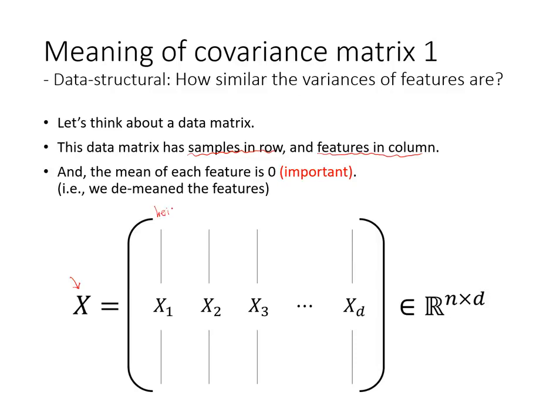Let's say you have the data of height, as in how tall you are, and English score, Spanish score, math score, science, something like that. And that is what the features mean.